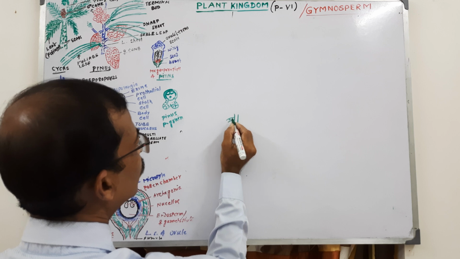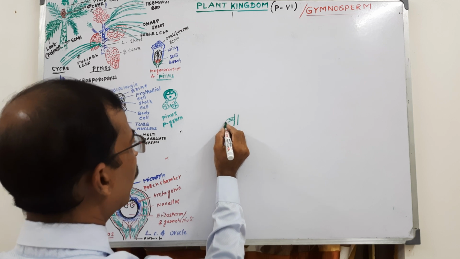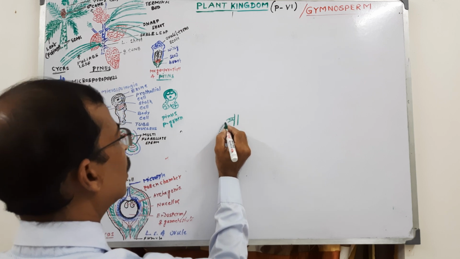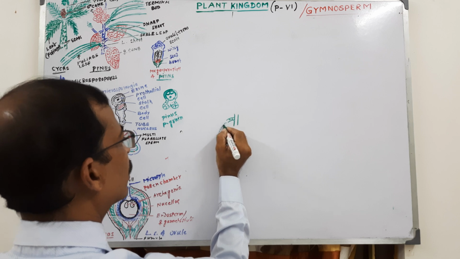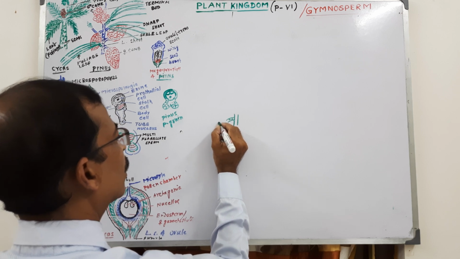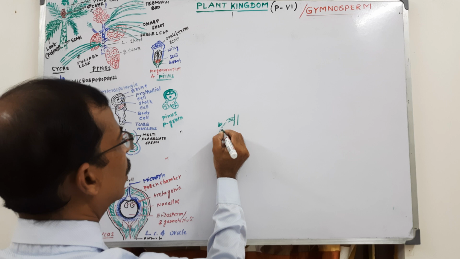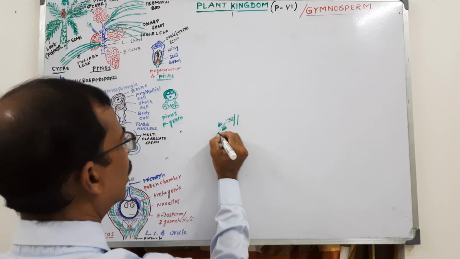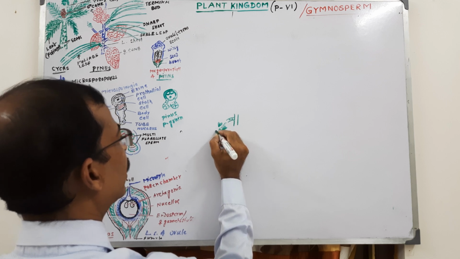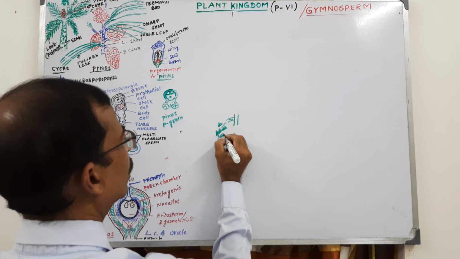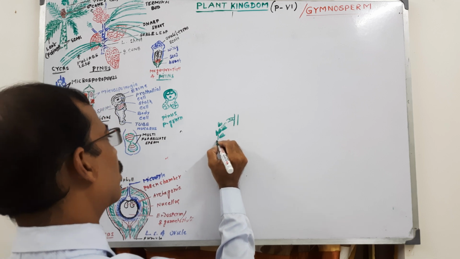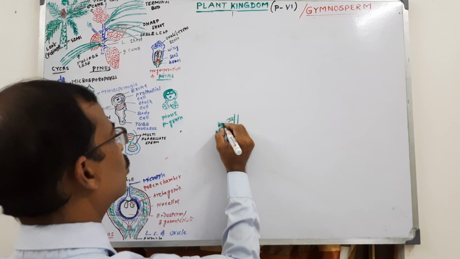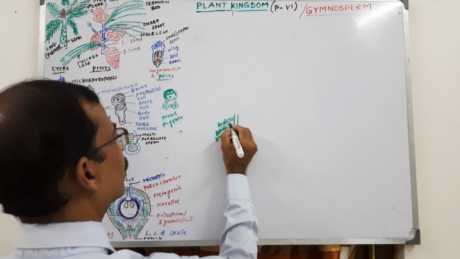Here it bears the scale leaves, and from the dwarf shoot there hangs a pendant central axis where the microsporangia are loosely arranged in a hanging manner, and each microsporophyll consists of two one-lobed anthers.